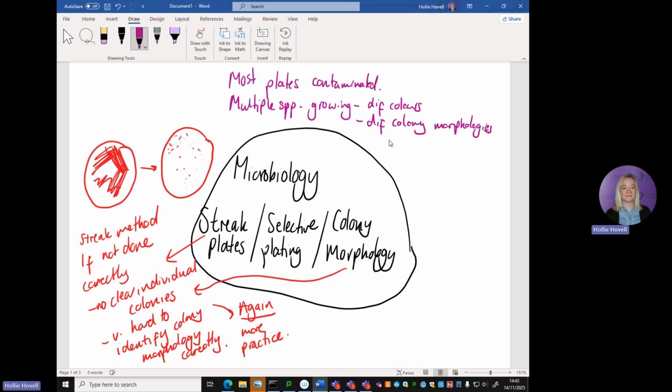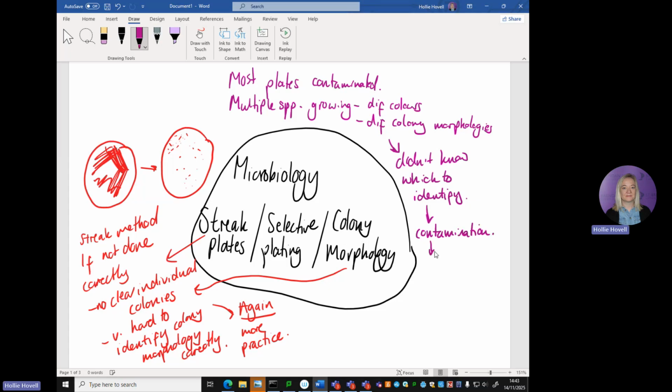And that meant that you didn't know which was in the original sample and didn't know which one you should have been identifying. So somewhere along the way, it got contaminated. Okay, so the problem was contamination.